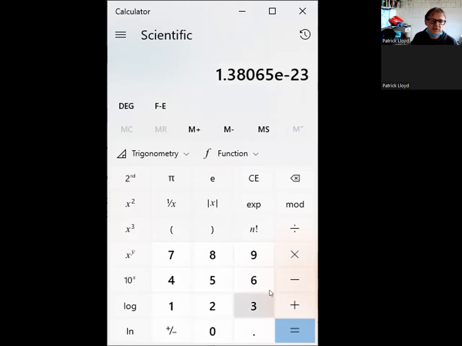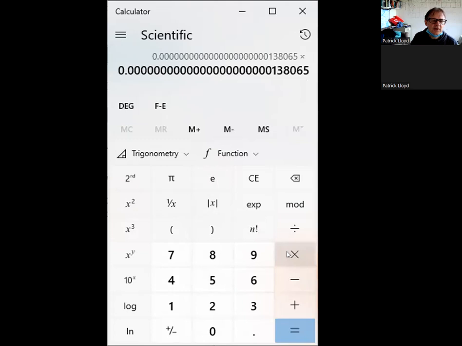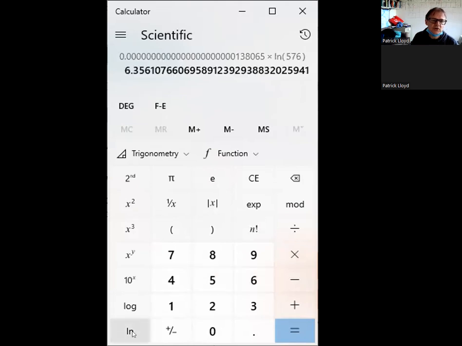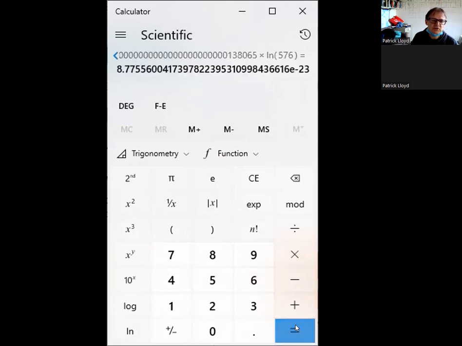Okay, that looks good. And then we're going to multiply that by ln of 576, right? So 576 natural log. And then hit equals just to get our answer. So it's 8.77556 times 10 to the minus 23.